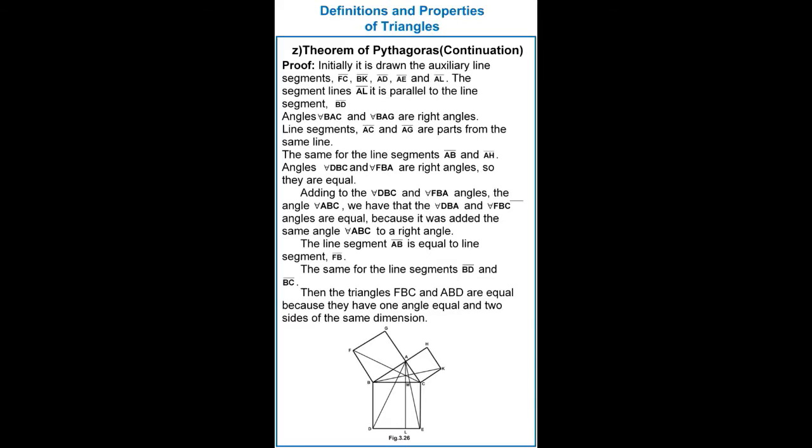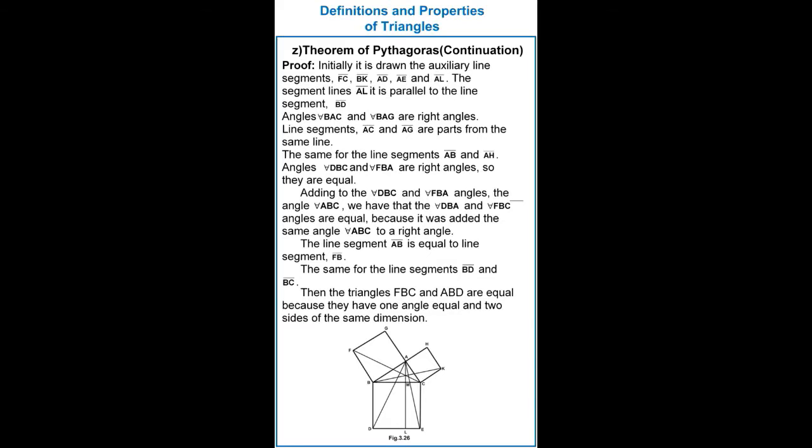The BAC and BAG angles are right, that is, they have a value of 90 degrees. The segments of straight lines AC and AG are parts of the same straight line CG. The same is true for line segments AB and AH, which are parts of the same straight line BH.